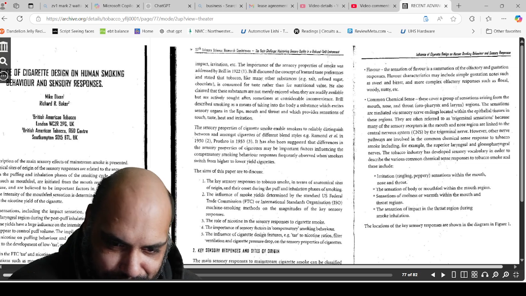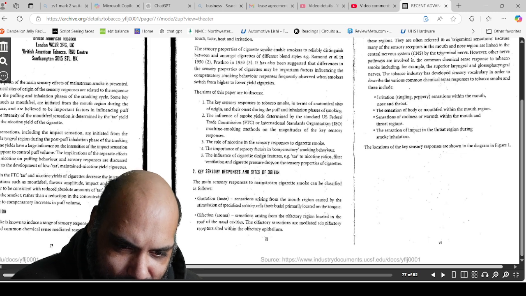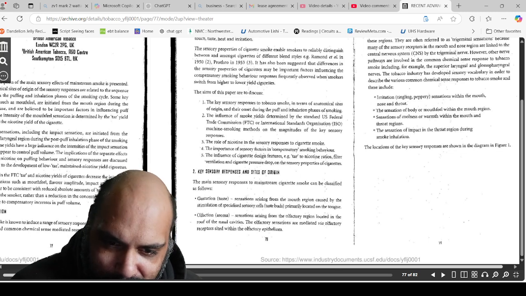And number 2. Key sensory response and site of origin. The main sensory responses to mainstream cigarette smoking can be classified as follows. Gustation, taste: sensations arising from the mouth region caused by the stimulation of specialized sensory cells, taste buds, primarily located on the tongue.